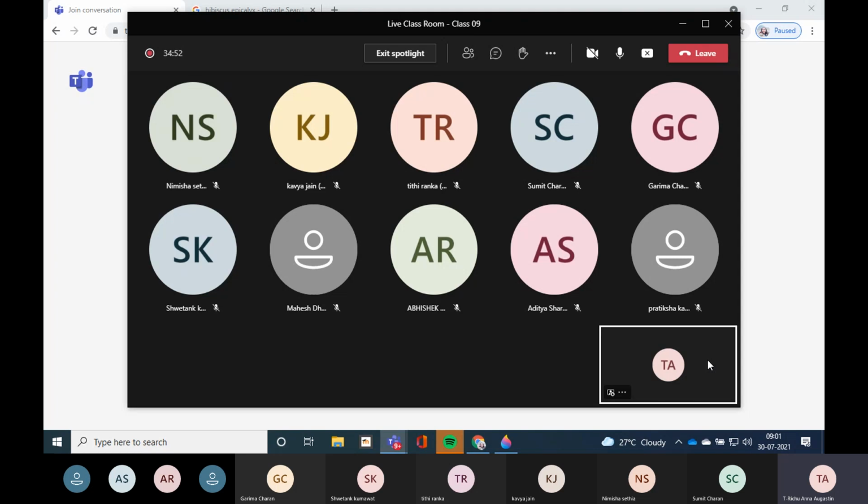When the flower is in bud condition, it is covered by these sepals. So basically, the sepal is protecting the young bud so that it does not get damaged from external sources. So this is all about sepal.